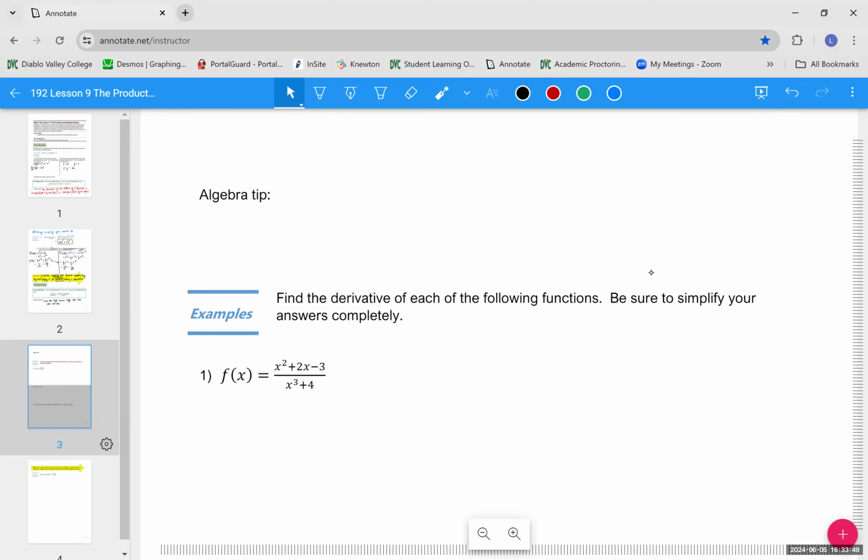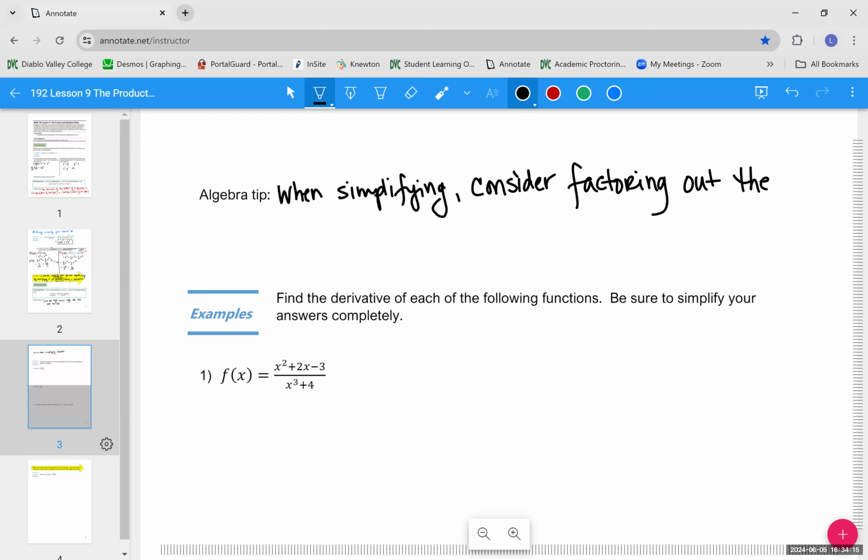Okay. So in terms of simplifying, because we still have to do that, depending on the situation, you may want to look at factoring out the lowest power in the numerator when you're done with the first step, the low D high minus high D low.